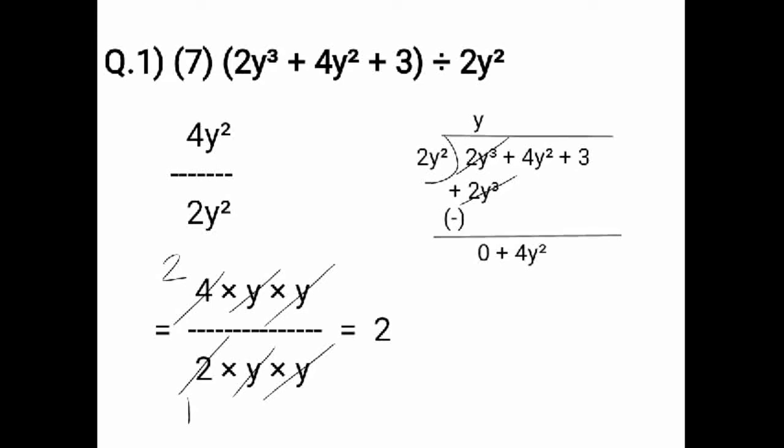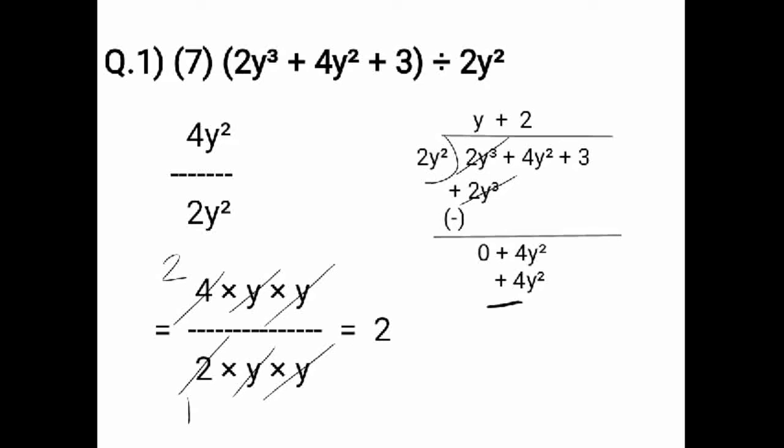Okay. 2y square into 2, the answer you get is plus 4y square. Okay, when you multiply this, 2y square into 2, you get the answer plus 4y square, because when you divide 4y square by 2y square, you got the quotient 2.